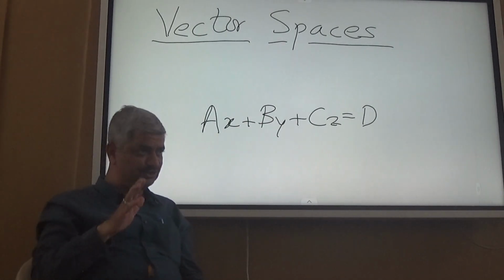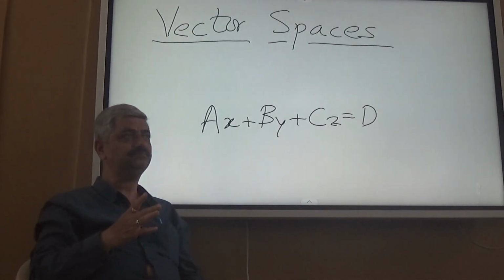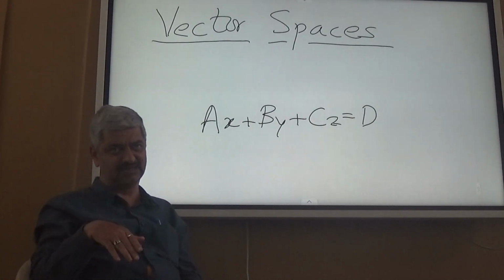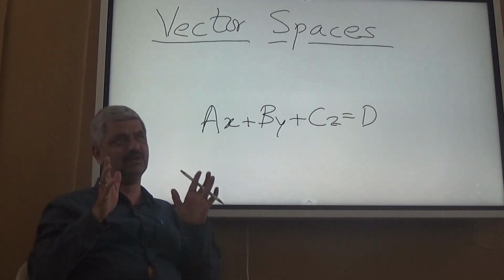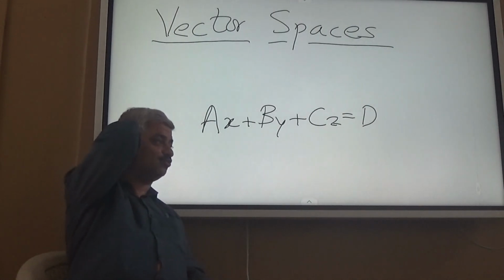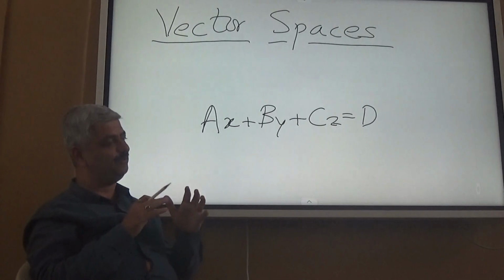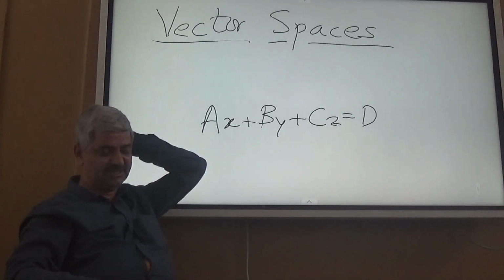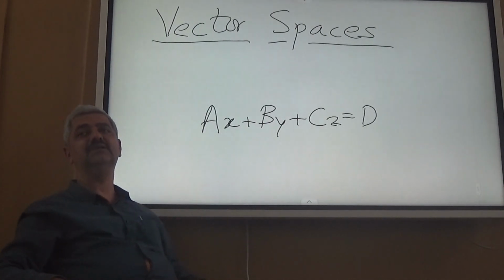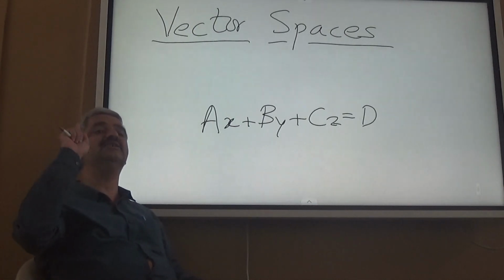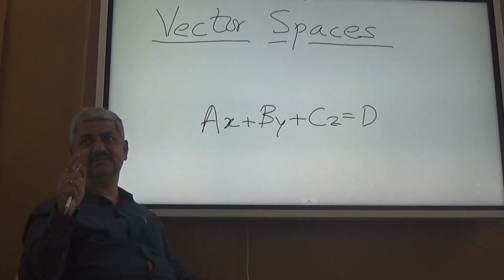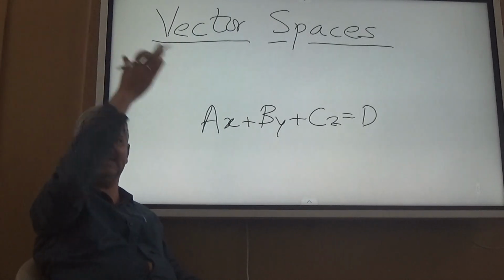In coordinate geometry, since we learn it at late high school stage or in 11th standard, in 2D we are somewhat expert in it, but when we expand it to 3D, we are not so curious, therefore many things are missed out between 2D and 3D. So ax plus by plus cz plus d is one condition which you have put on variables, and that one condition carves out a plane.